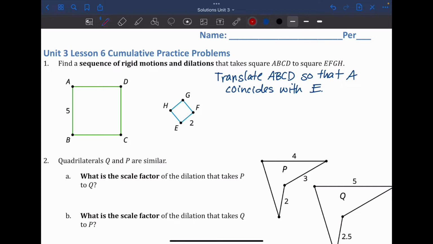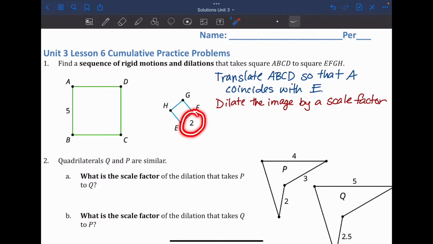So I am going to say that my next step is going to be dilate the image by a scale factor. Now, we actually have to figure out what scale factor we're going to use, and they did give us that we want it to be 2, but we're starting with 5.